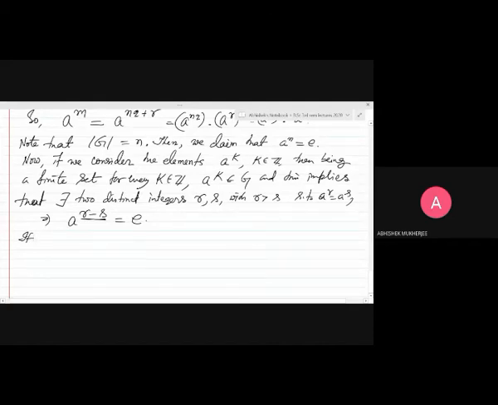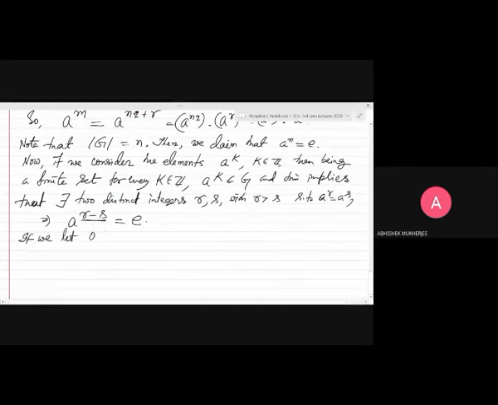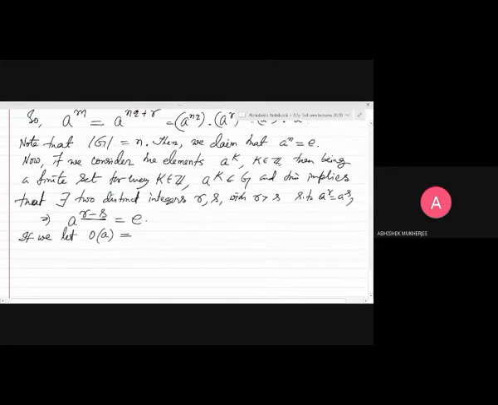So if we let the order of a be n naught, say. Now since you have one positive integer r minus s for which a to the power r minus s is e, using the well ordering principle, you will have one least positive integer n naught for which a to the power n naught is identity.